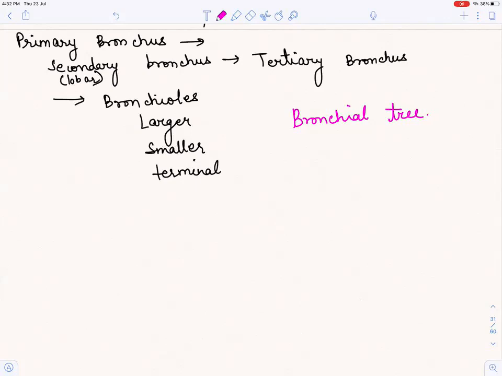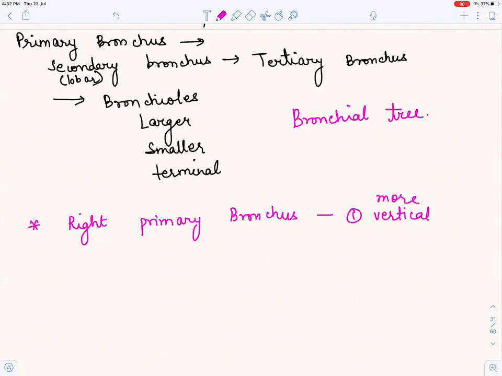You have to remember one thing, that the right primary bronchus is first of all more vertical, and it is wider than the left.